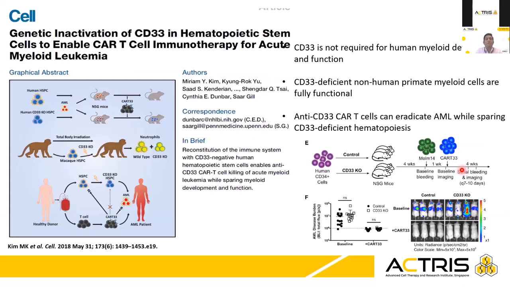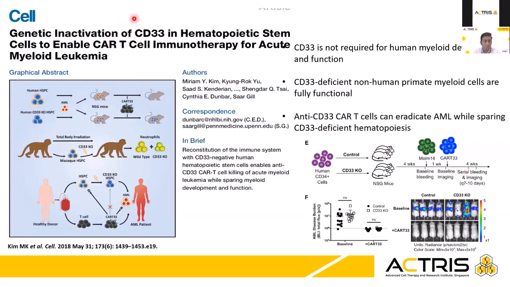But say, for example, when you're looking at myeloid diseases where the leukemic cells or the cancer cells as well as healthy cells have expression of the same marker, the ability to use CAR T cells becomes limited, because once you introduce a CAR T cell that targets a marker that is widely expressed on healthy cells, that means those healthy cells will also be killed by those CAR T cells. So this study was in fact very interesting in trying to propose a way forward for developing CAR T cells for acute myeloid leukemia.